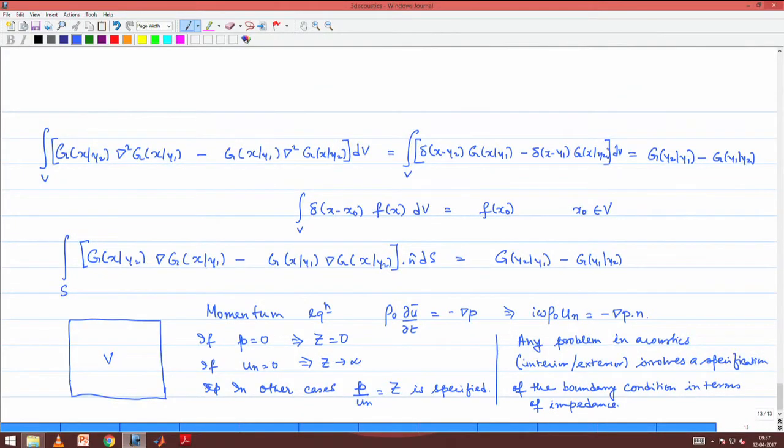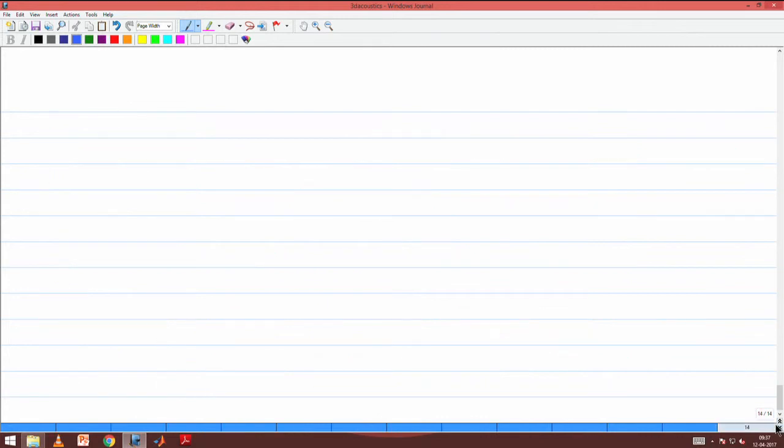So, for any volume of interest for a well posed acoustics problem, you must have on the boundary the value of the impedance specified, which means P by u n equals to z is specified for all points on the boundary.